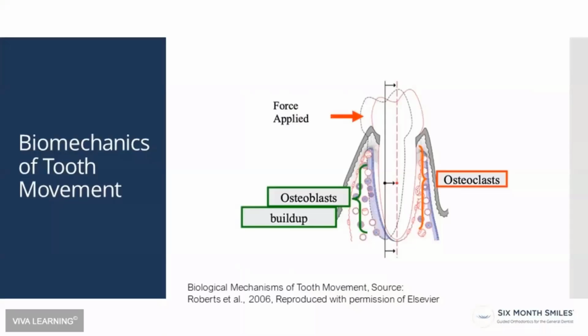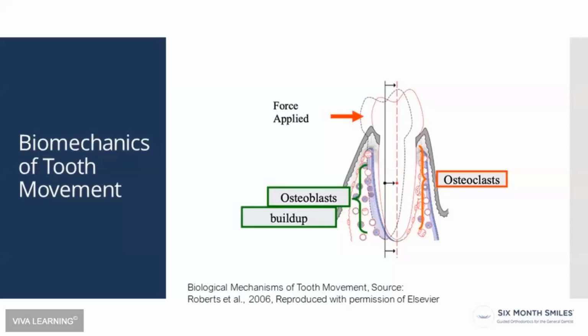As we understand that, we see that whenever you apply a force, these areas of compression and tension will release a cascade of cells in the shape of osteoclasts and osteoblasts. So whenever you apply a force, the periodontal ligament gets compressed.